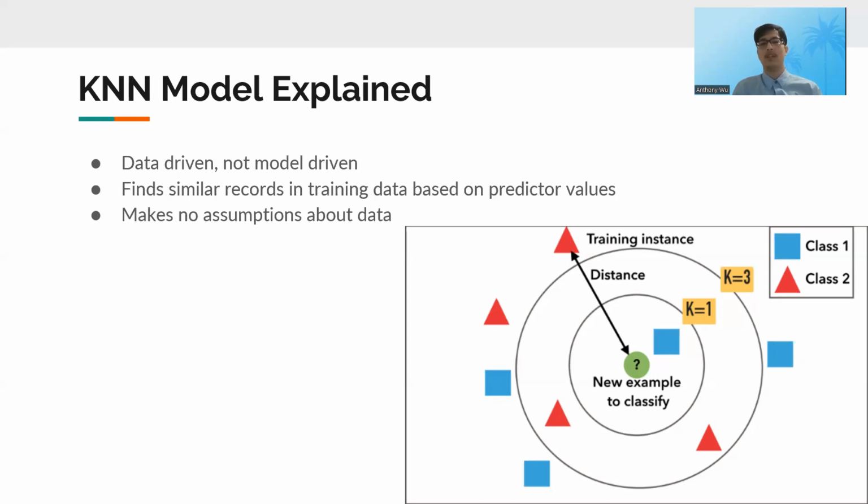So if you give it a point, it will try to find similar records near that point, and depending on the K value, it will grab records based on that K value. For example, a K value of 1 will stay very local and only find the closest record to it. A K value of 10 will find the 10 closest records before making that determination of predicting data. Another good thing about the KNN model is that it makes no assumptions about data.